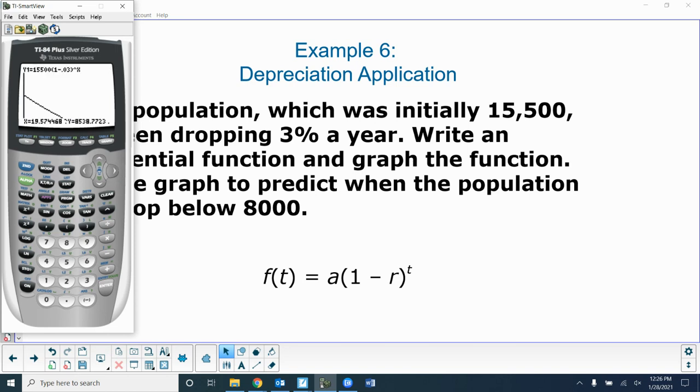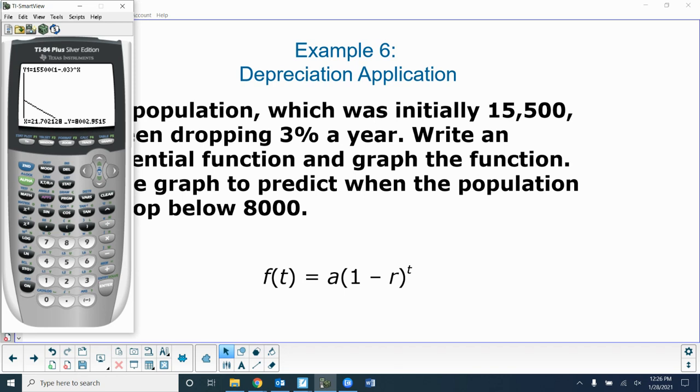21.9148. I got 21.9. At 21.7, I got $8,002.